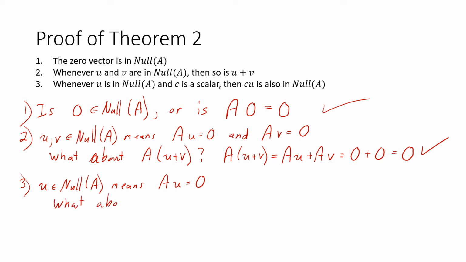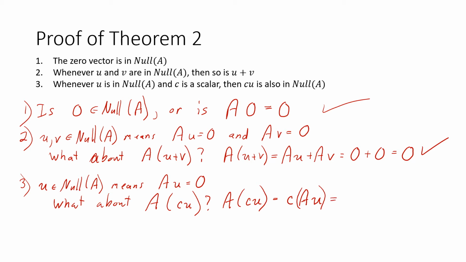So what about A of C times U, where C is a scalar? Well, again, using those properties of matrix vector multiplication, A of C times U is simply equal to C times A times U.